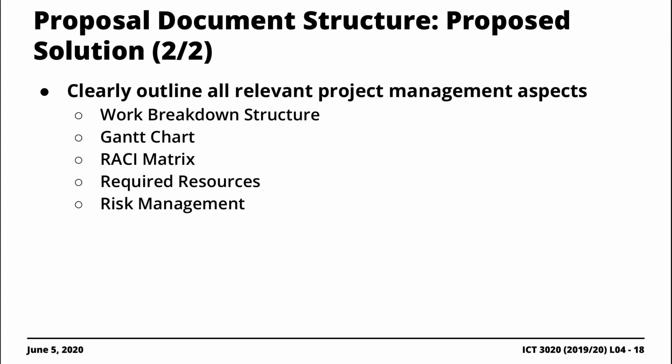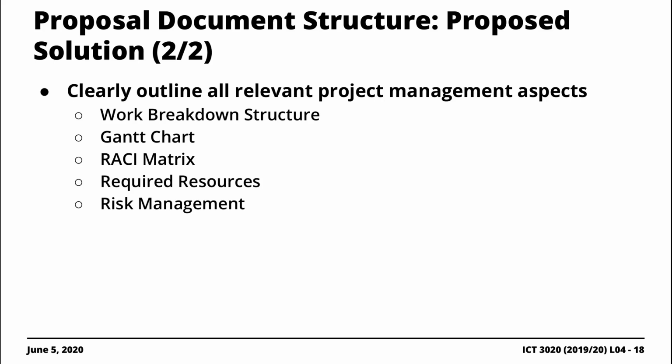All right, and again, still as part of the proposed solution, you want to have a component associated with project management, right? It doesn't have to be a specifically tagged subsection of proposed work as project management, but this has to be there. And all the relevant aspects of project management must be included.